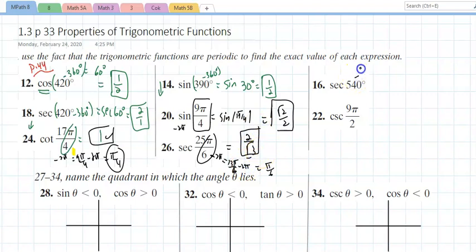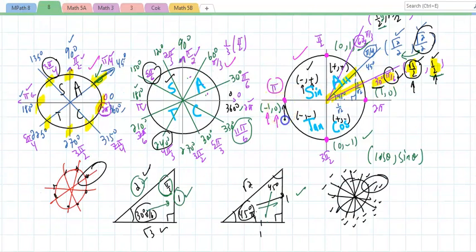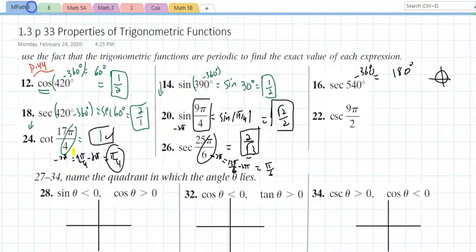540 is too big. If I subtract 360 degrees, I will end up with 180 degrees. I know exactly where that is. That's right there. And if they want the secant, secant is 1 over the cosine.